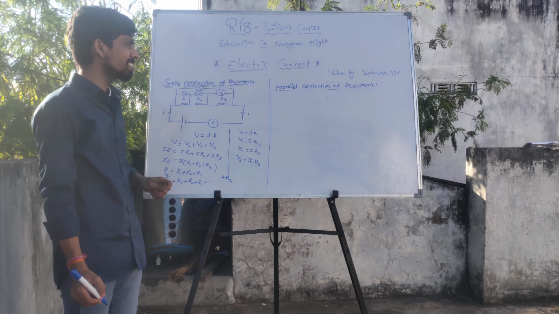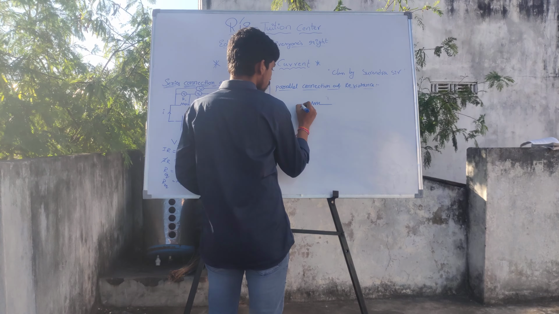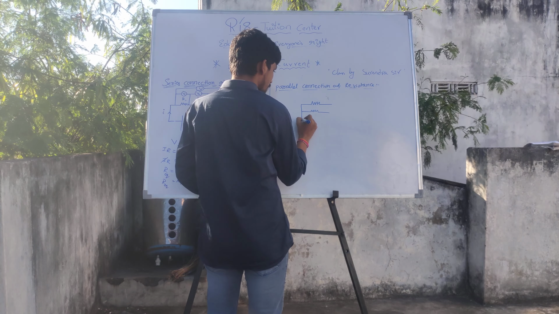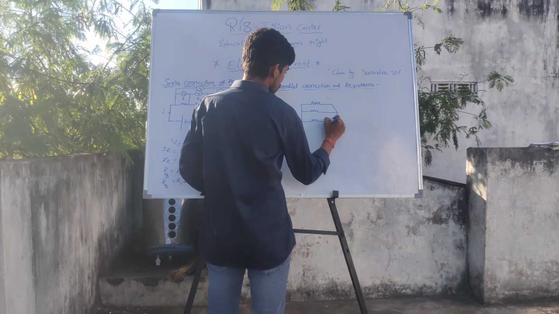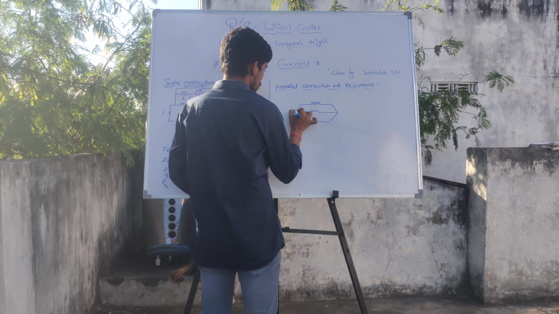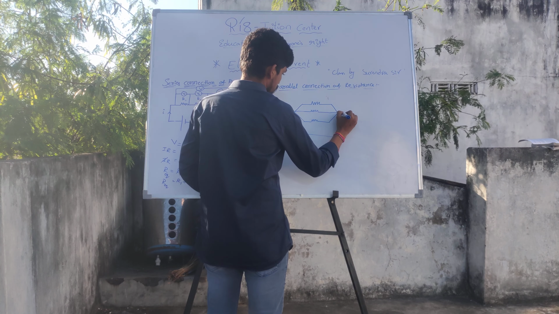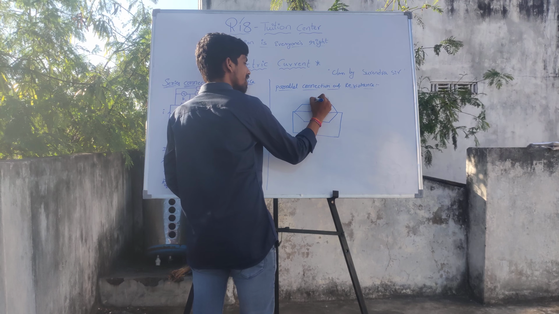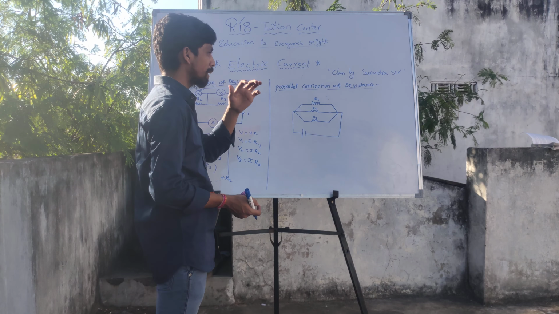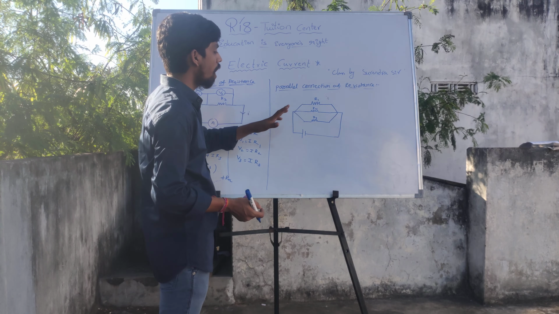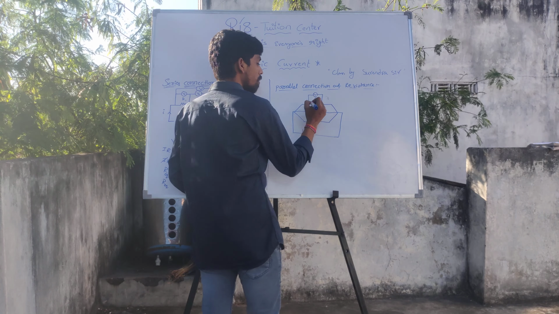Same here, take three resistances connected in parallel combination, having resistances R1, R2, R3. The three resistances are connected in parallel, with the potential difference V across the same resistances.